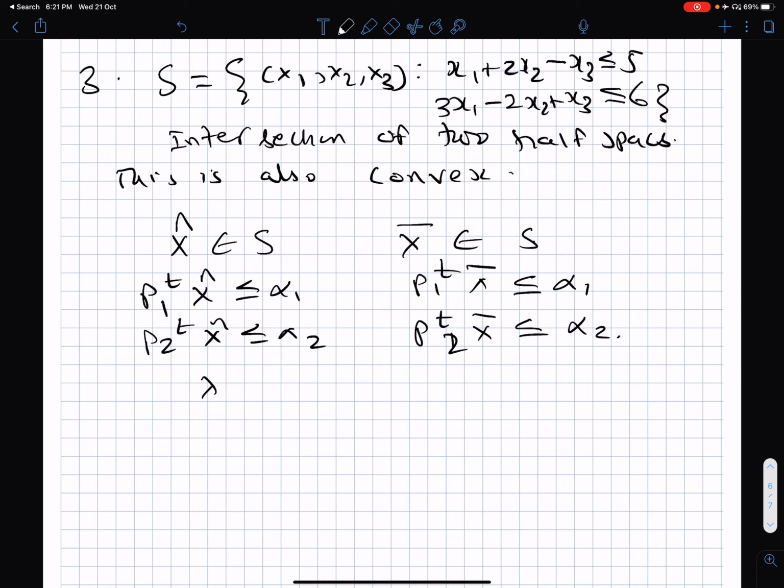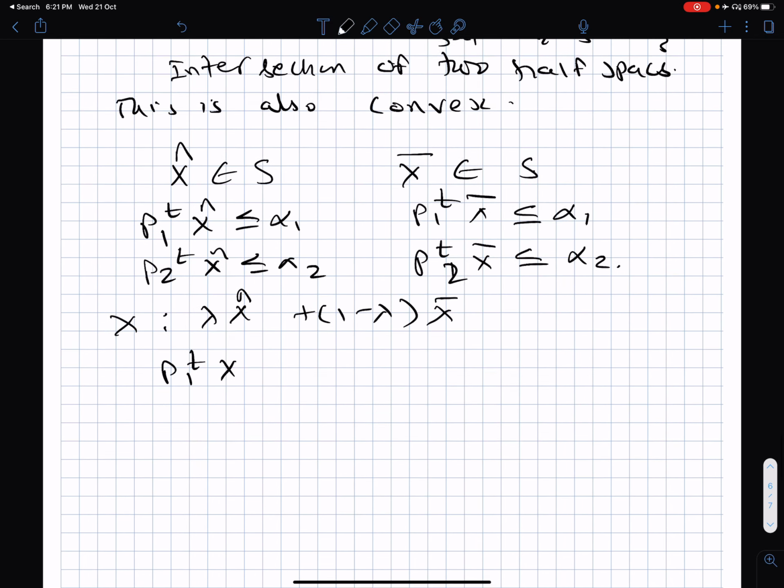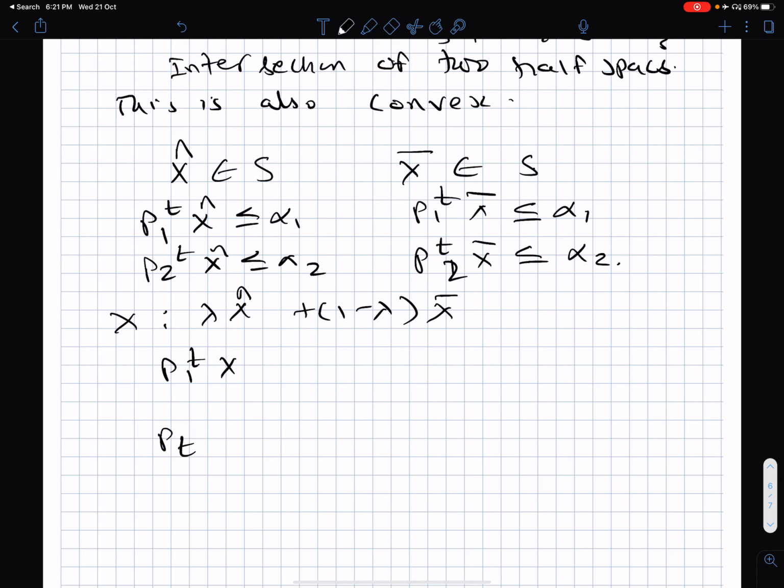Now when I look at lambda times x hat plus 1 minus lambda times x bar as x, then I have to check what happens with P1 transpose x and with P2 transpose of x. If I substitute this x in the first, P1 transpose x, what will I get?